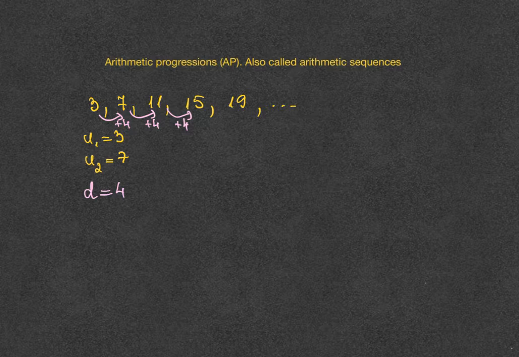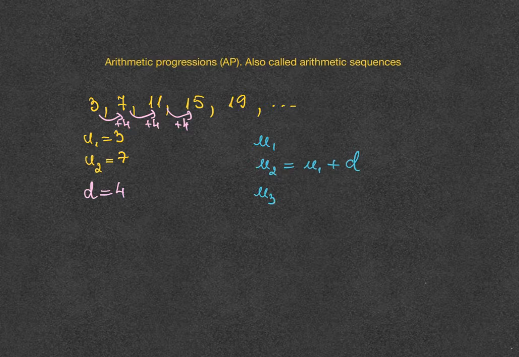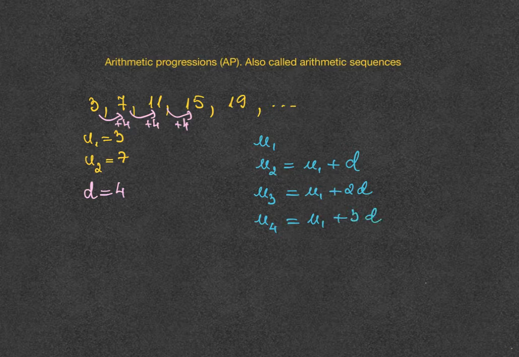As some of you know, there is a general formula to find directly the nth term, and I can find it by looking at the pattern. If we start with u1, then u2 is u1 plus a common difference d, and then u3 is u1 plus one more d, and then u4 is u1 plus 3d.